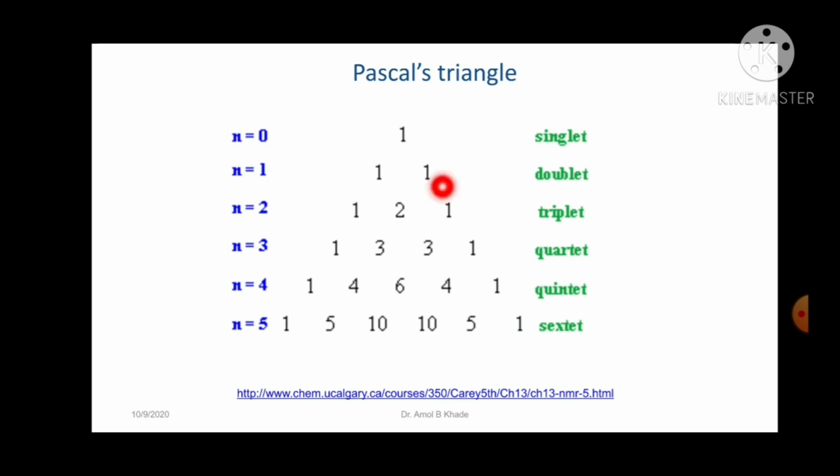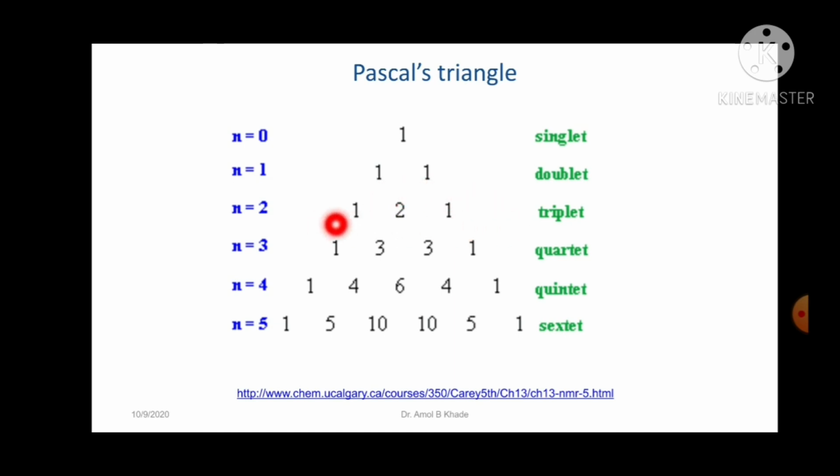So if it is a singlet, there is no question of multiple lines. In that case n is 0, there are no neighboring protons. If you talk about a doublet, the neighboring carbon has one proton, so it will be splitting into a doublet and the intensity of the lines is 1:1.